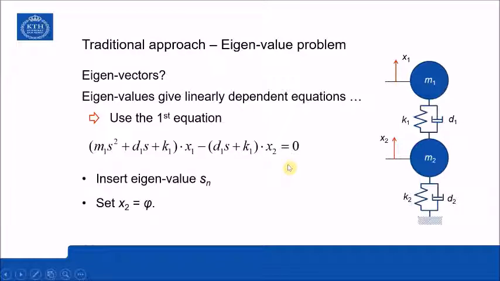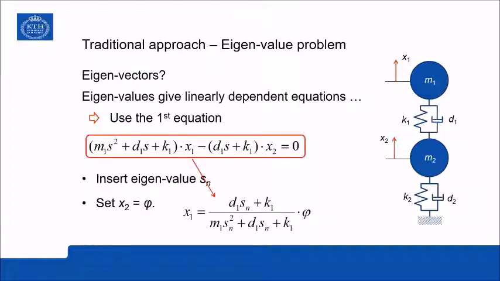So if we insert the eigenvalues, one at a time, so let's insert the eigenvalue Sn, and then we let x2, for instance, be equal to some constant, let's call it phi, and then we solve for x1, and we obtain this. So x1 with x2 equal to phi must satisfy this.